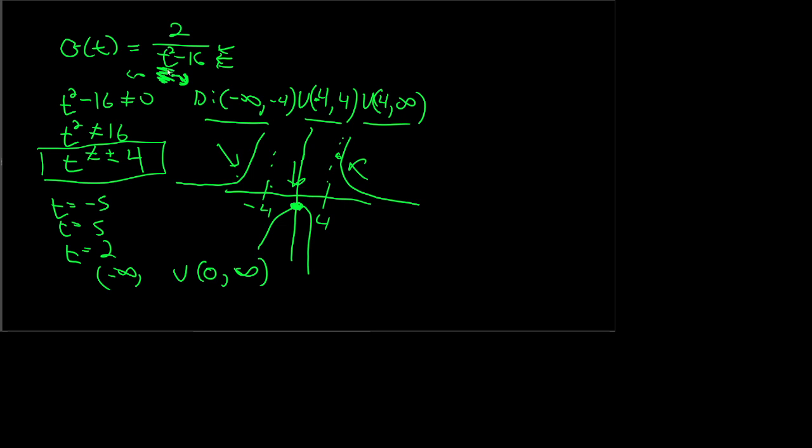So that all changes at 0. So the tallest point this gets to in the negative side is when t equals 0. And so when t equals 0, I get 2 over negative 16, or negative 1/8. And so there's this gap between negative 1/8 and 0, where there are no numbers within the range.